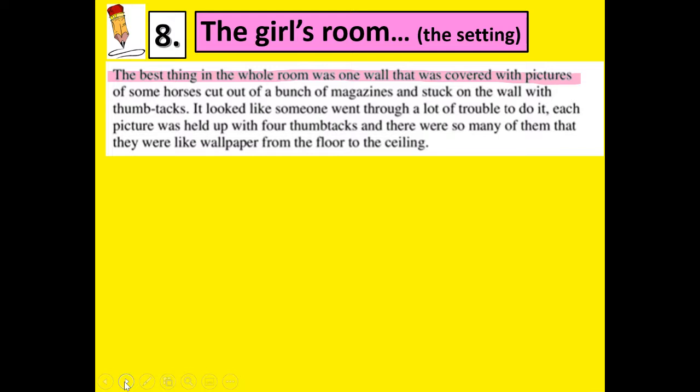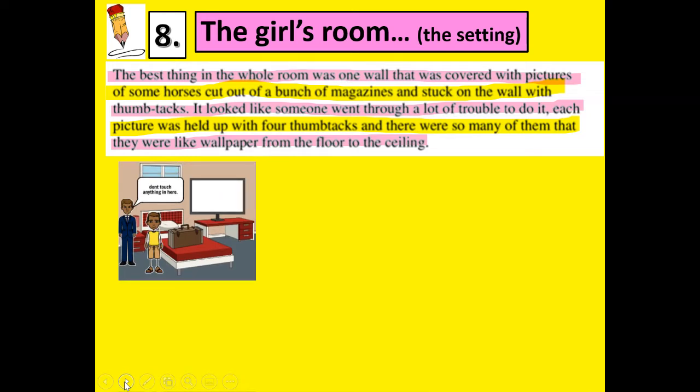"The best thing in the whole room was one wall that was covered with pictures of some horses cut out of a bunch of magazines and stuck on the wall with thumbtacks. It looked like someone went through a lot of trouble to do it. Each picture was held up with 4 thumbtacks, and there were so many of them that they were like wallpaper from floor to ceiling."